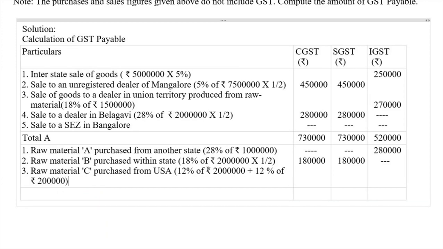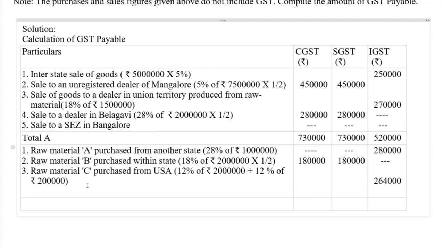So the total IGST payable will be 2,64,000. So here it is 2,64,000.